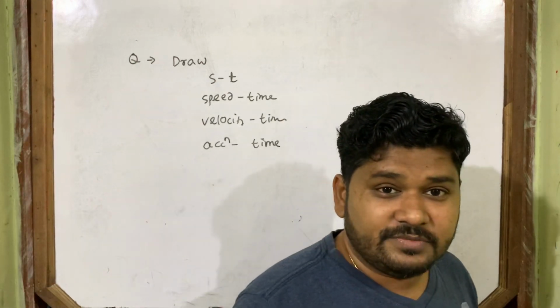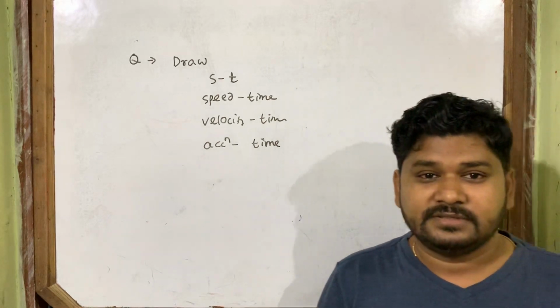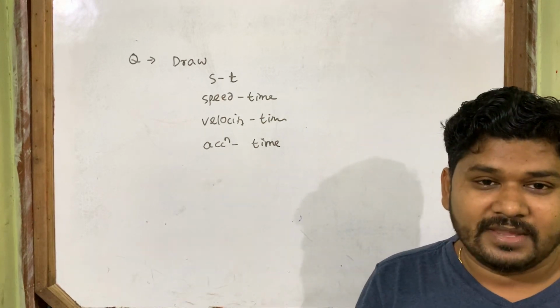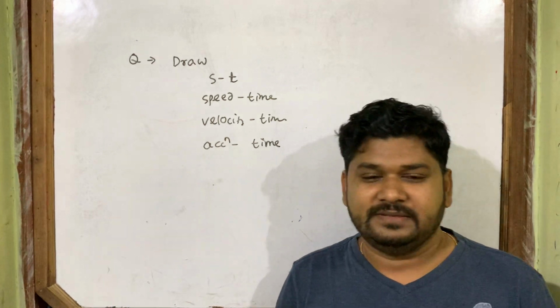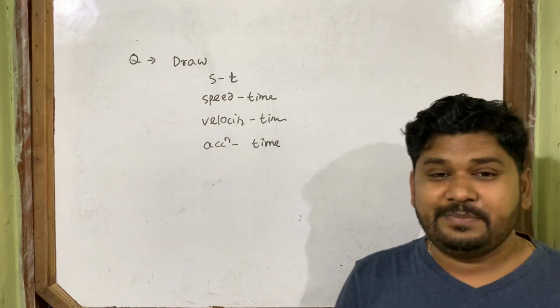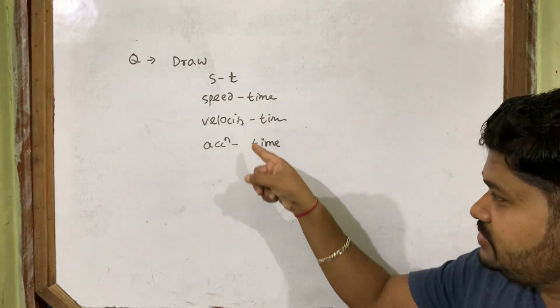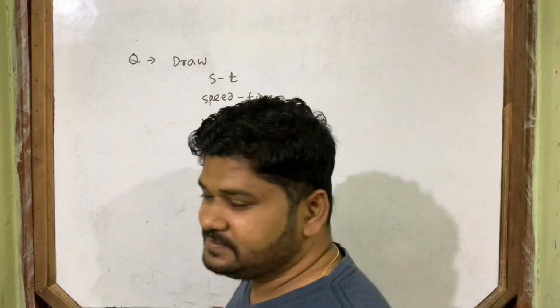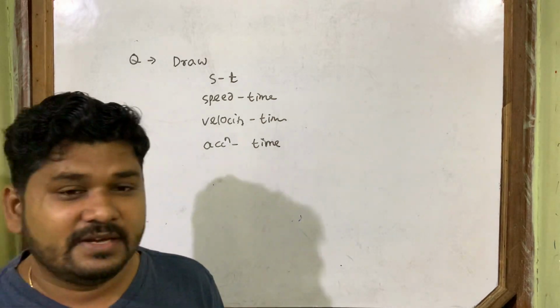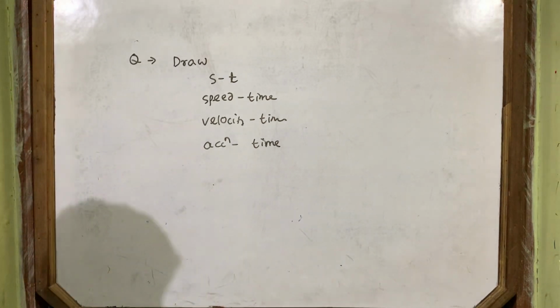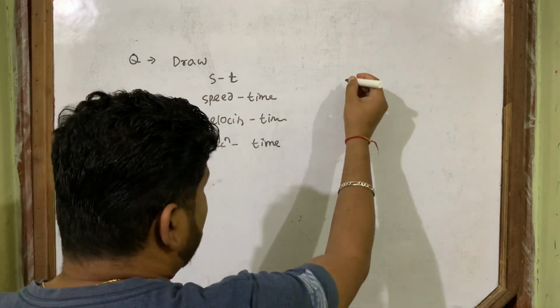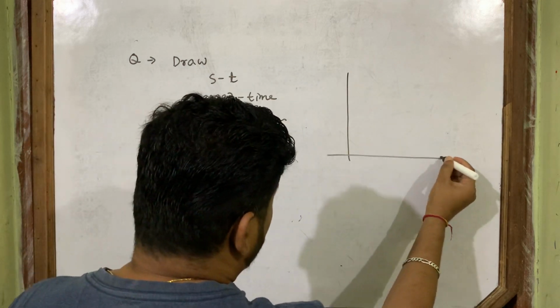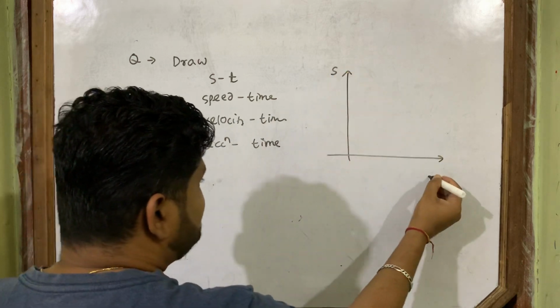You are now thinking for which body you will draw all the graphs. For a freely falling body. For a freely falling body, you have to draw all the graphs. How will these graphs be for a freely falling body? Let's see. First let's start from the distance time graph. For a freely falling body, take S on this side and T on this side.